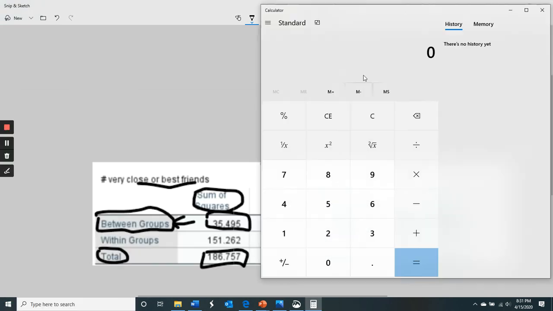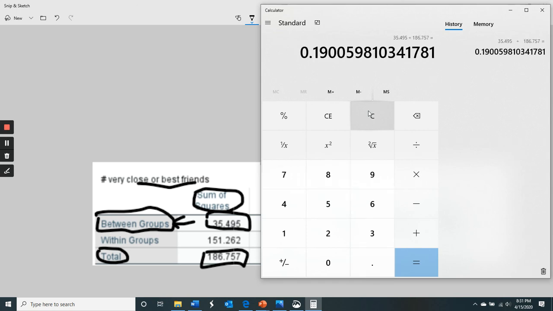So we go here, we take the sum of squares between, divide it by the sum of squares total, and we get this as our eta squared. So our eta squared is 0.19, which is again large according to our table in our lectures.